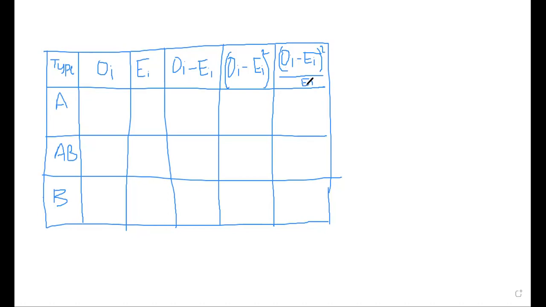So first you have to find the observed frequency. For A, what is the observed frequency? For AB? And for B?